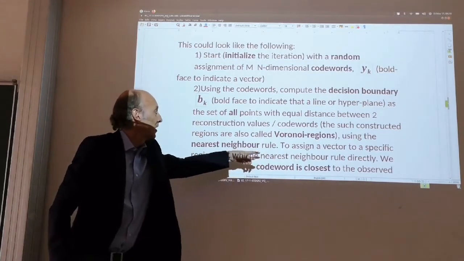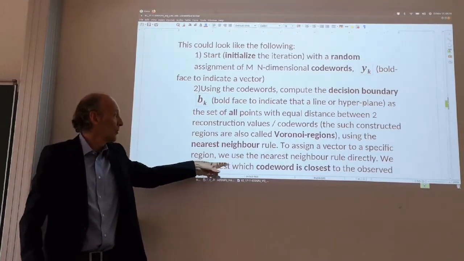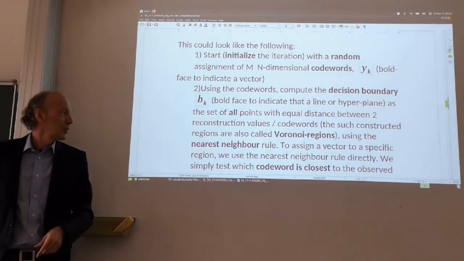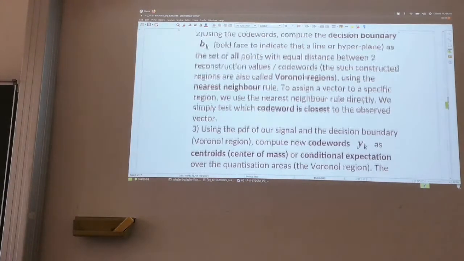Yeah, so to assign a vector to a specific region, we use the nearest neighbor rule directly. We simply test which code word is closest to the observed vector.